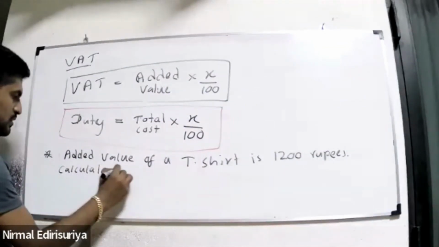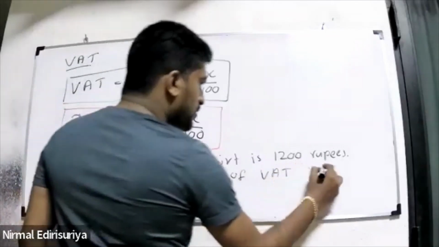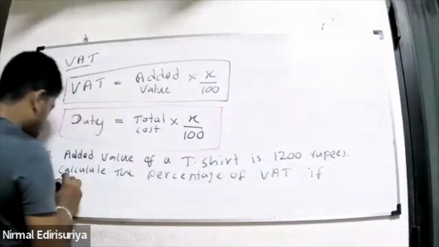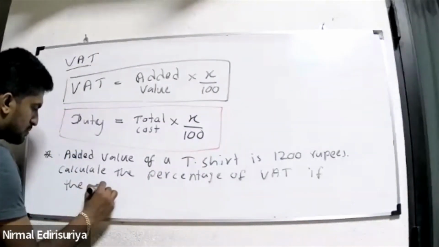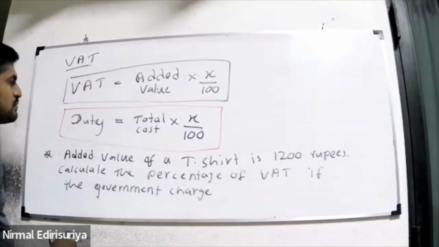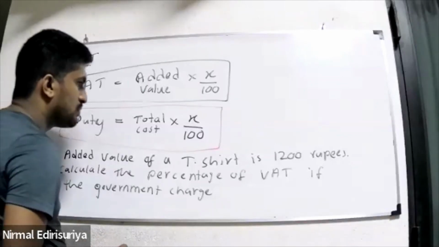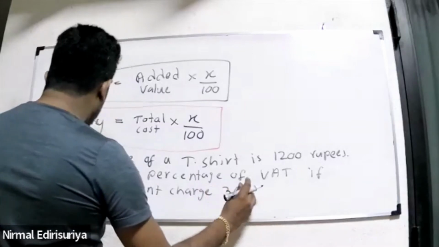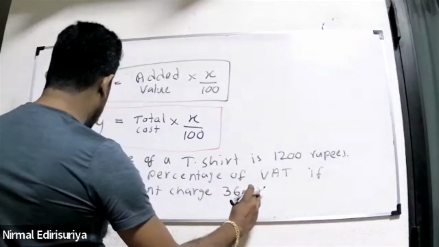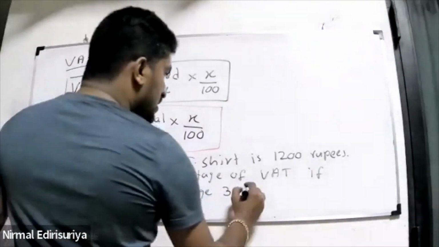Calculate the percentage of VAT if the government charges 360 rupees VAT.